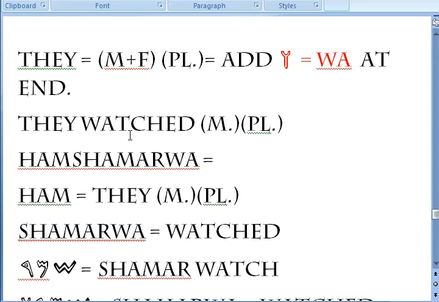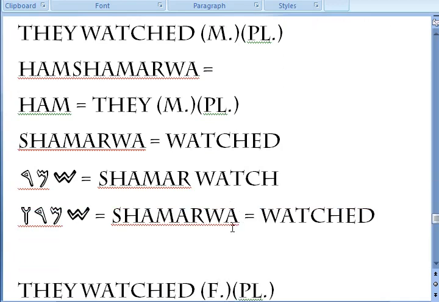All right, it says "they watched," male plural, hum shamarwa. Hum is "they," male plural. Shamarwa is "watched," as in the past tense, because remember we're dealing with the past tense here. Shamar is "watch," shamarwa is "watched," but this is for the male plural.